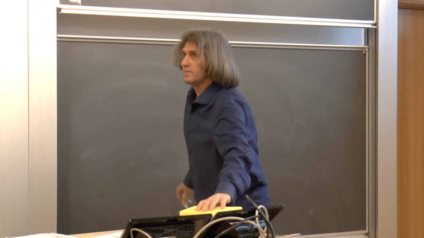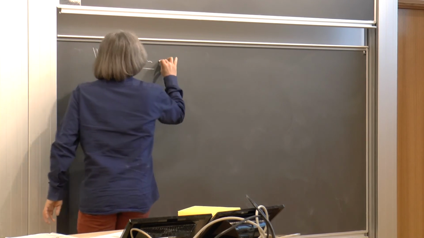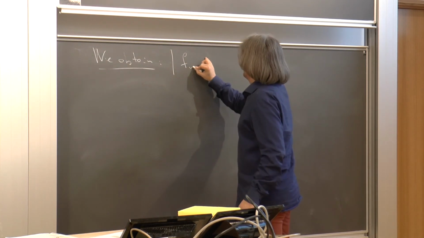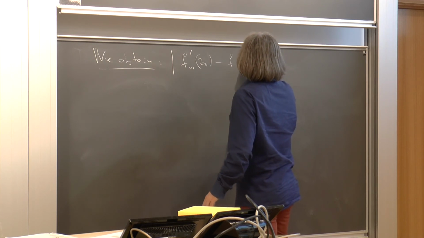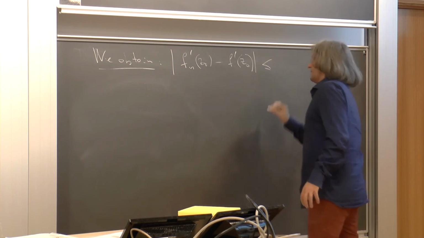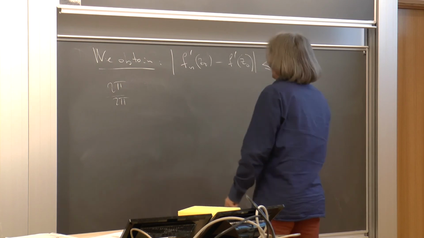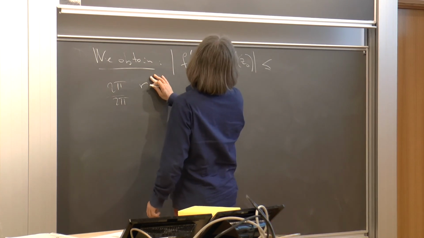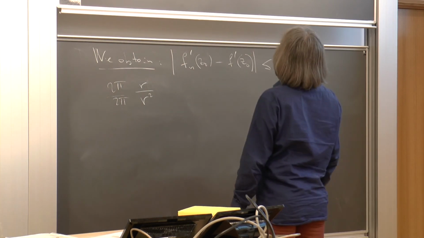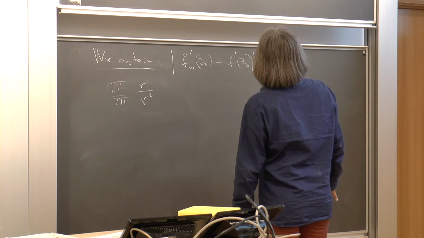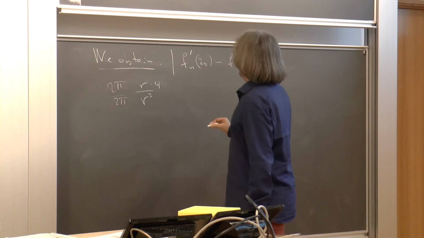So if we combine this with that, we obtain 2 pi over 2 pi, r by r squared, times 4, times epsilon.